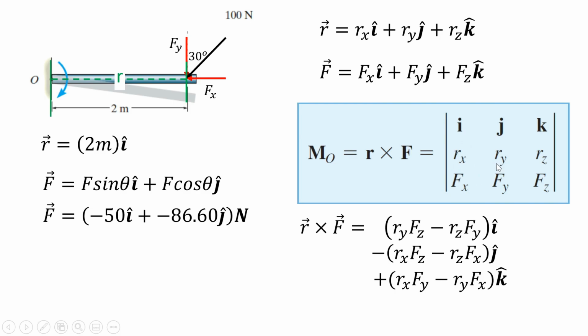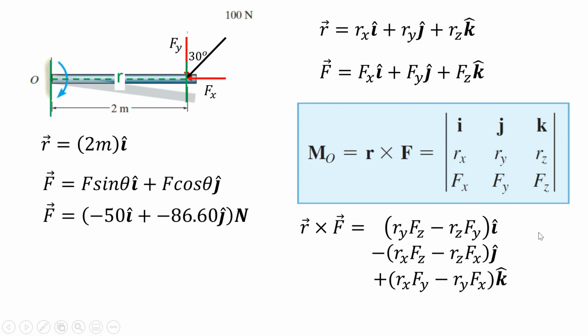That will be Ry times Fz minus Rz times Fy, and that is i hat. Minus, you have to cover the j: Rx times Fz minus Rz times Fx, and that is j hat. Plus, you have to cover the k hat, so that is Rx times Fy minus Ry times Fx.